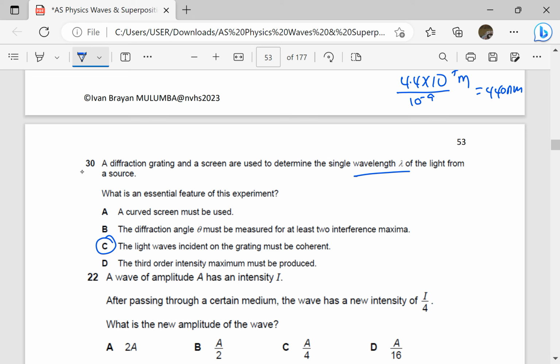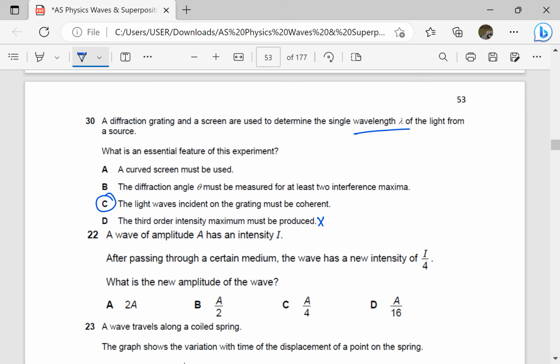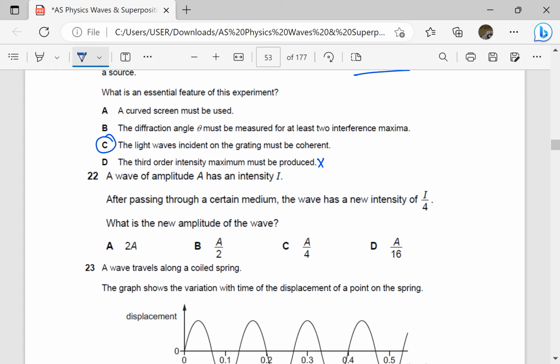That is, they maintain a single frequency and the same phase difference throughout. The third order intensity maximum must be produced, not necessarily. So the light waves incident on the grating must be coherent. They must maintain a constant phase difference.